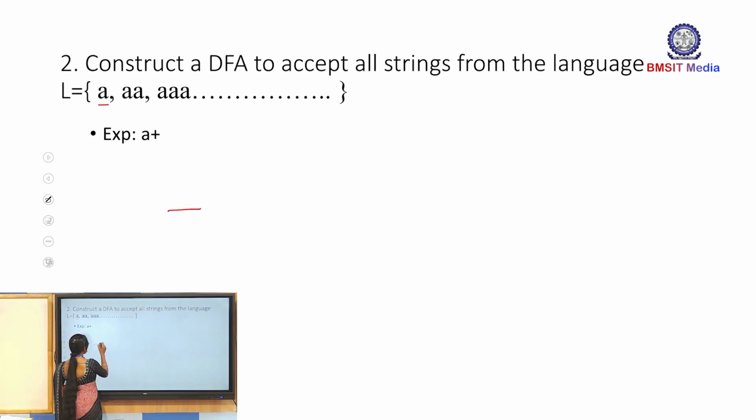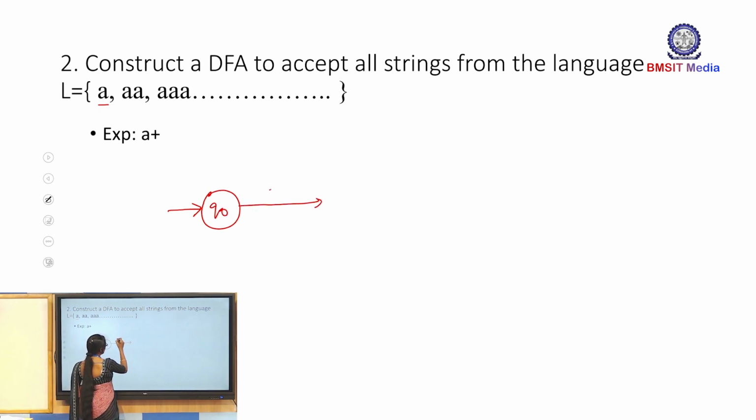I'll start with the state Q0. On accepting an input A, it reaches the state Q1, which is the final state. Now since this is a DFA, there are a few other points that we have to remember. Remember that every state should make 1 transition per input.